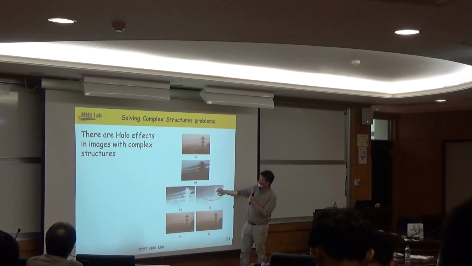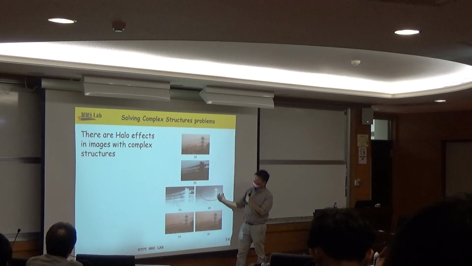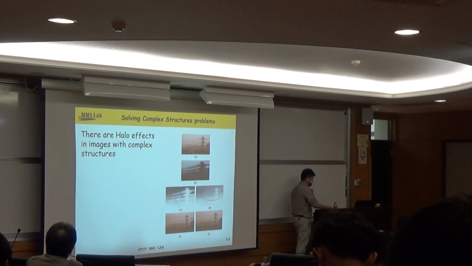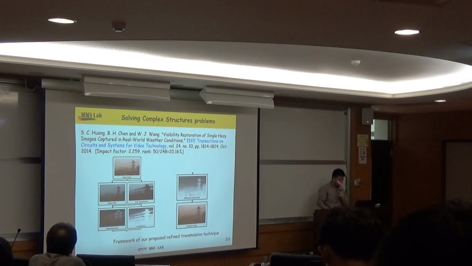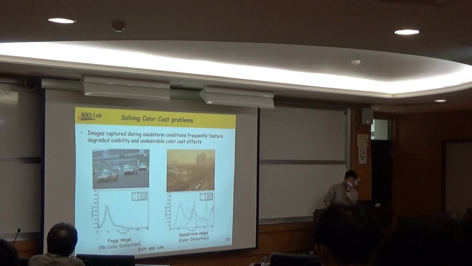I call this the halo effect. So I want to solve the problem in this situation. I proposed what I call the refined transmission technology to solve the problem. And I published it in the IEEE Transactions on Circuits and Systems for Video Technology, CSVT.